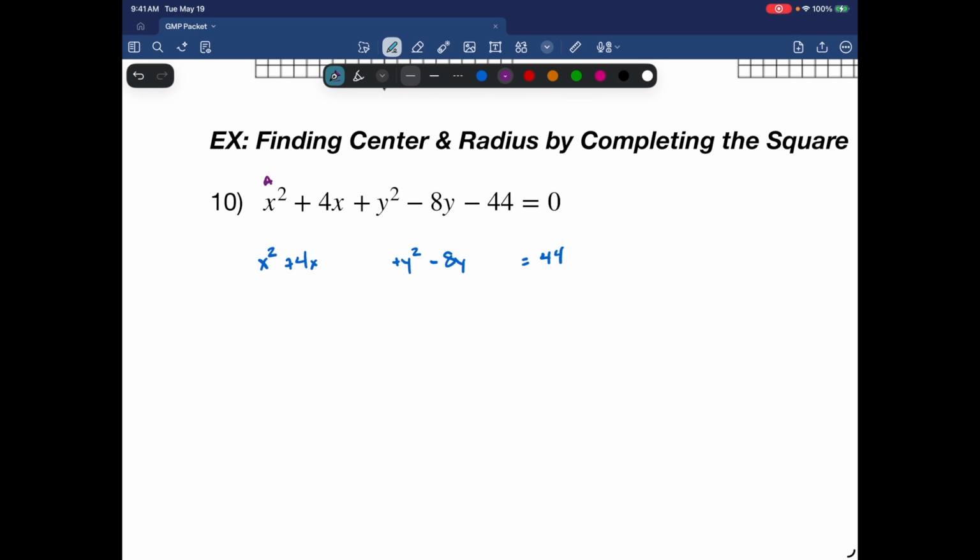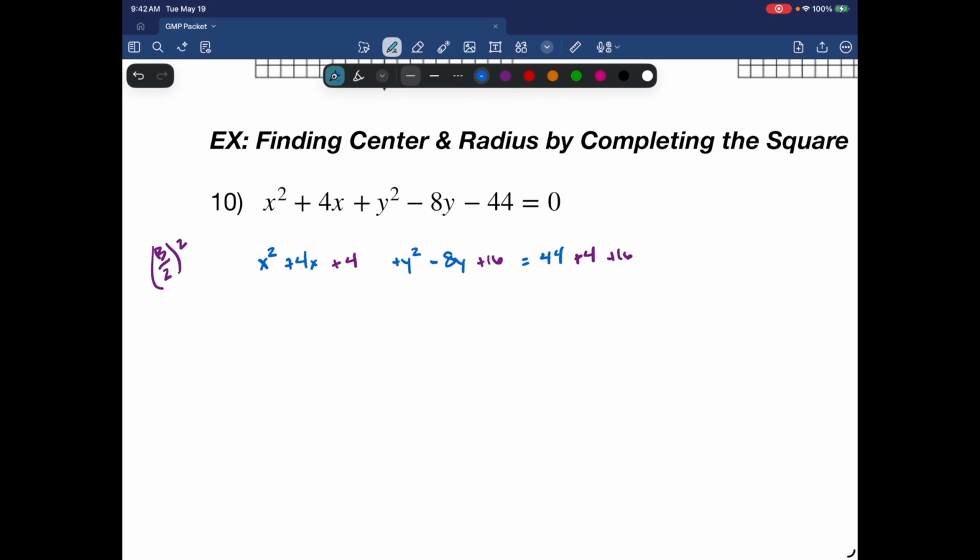Remember, this is a, b, and then your constant term is c. So we're going to take the b, and we're going to take half of it. So b over 2, and then we're going to square that. Half of 4 is 2. 2 squared is 4, so plus 4. And whatever you do to one side, you do to the other. And then y: half of 8 is 4. 4 squared is 16, so you have plus 16, plus 16.